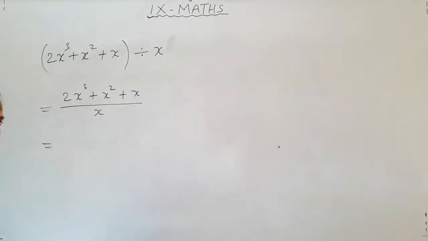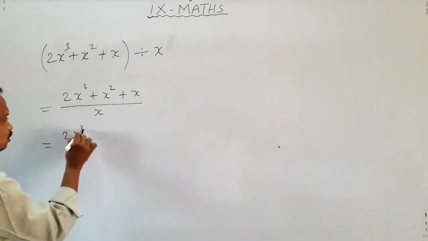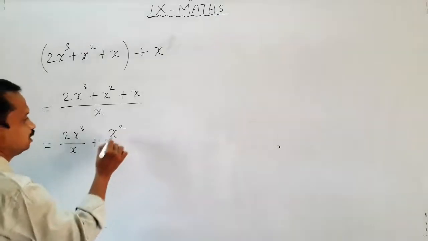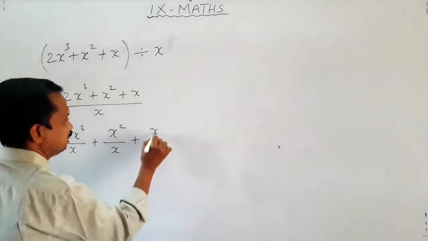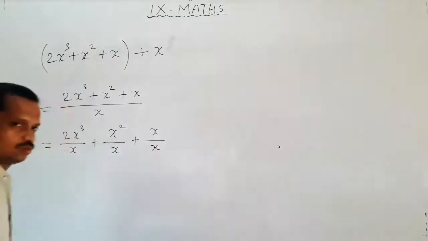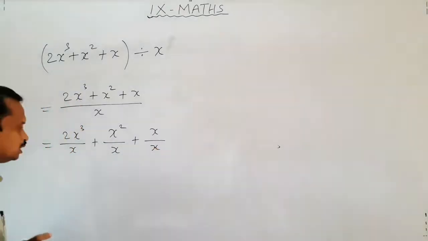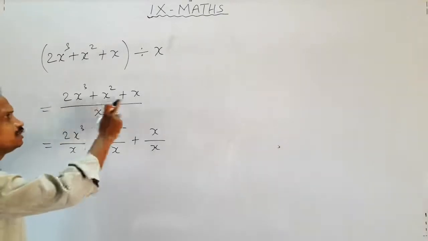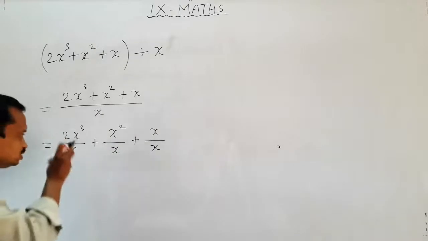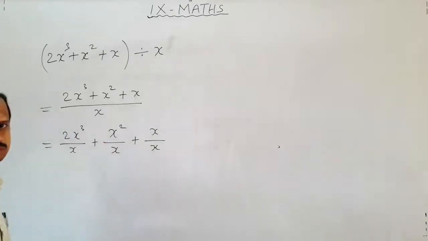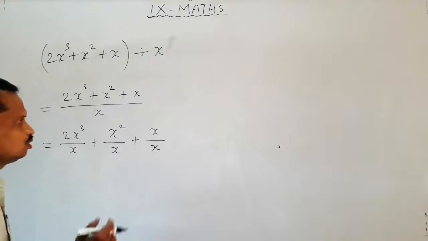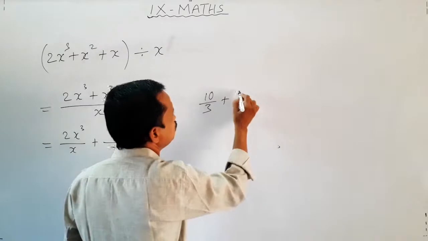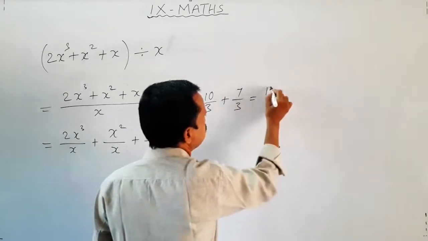And you see how I am doing: 2x cube by x plus x square by x plus x by x. So what I have done here, simply the divisor is x. For how many terms are there? 3. So each term separately I am dividing by x. So that is equal to that. Okay. You know, when we write like this, 10 by 3 plus 7 by 3, you can write this as 17 by 3.